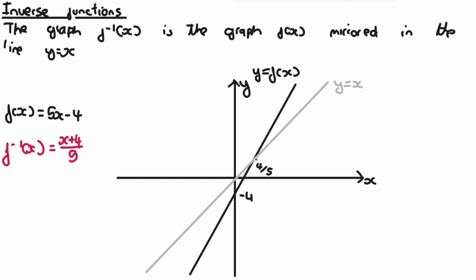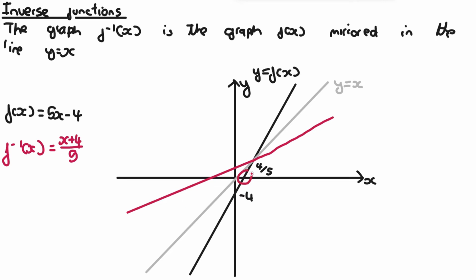So it'll be reflected here like this, and then it will be reflected here like that as well. And the points of intersection with the coordinate axes will also be mirrored.